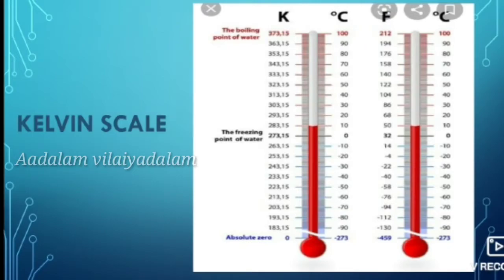And 0 Kelvin is the absolute scale temperature of a body. And 0 Kelvin is equal to minus 273 degrees Celsius. And this is the Kelvin scale. Here, absolute 0 is equal to minus 273 degrees Celsius, which is known as the Kelvin scale of temperature.